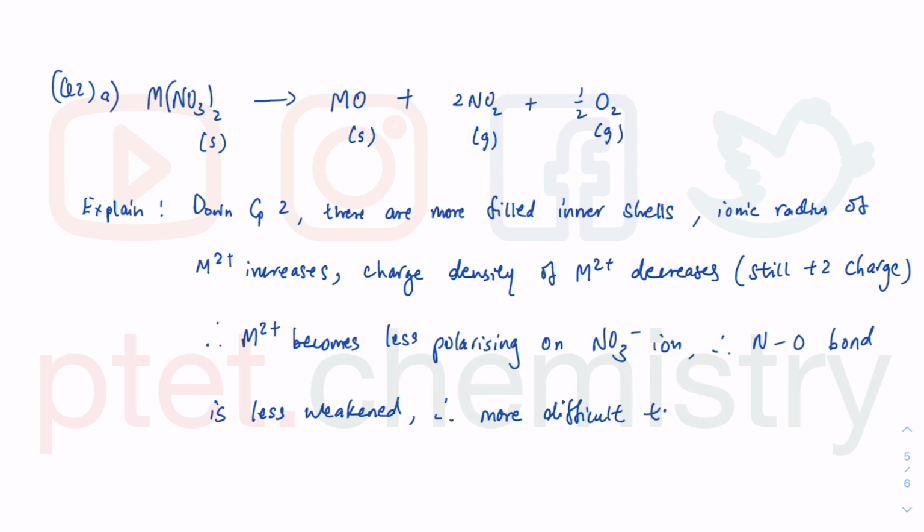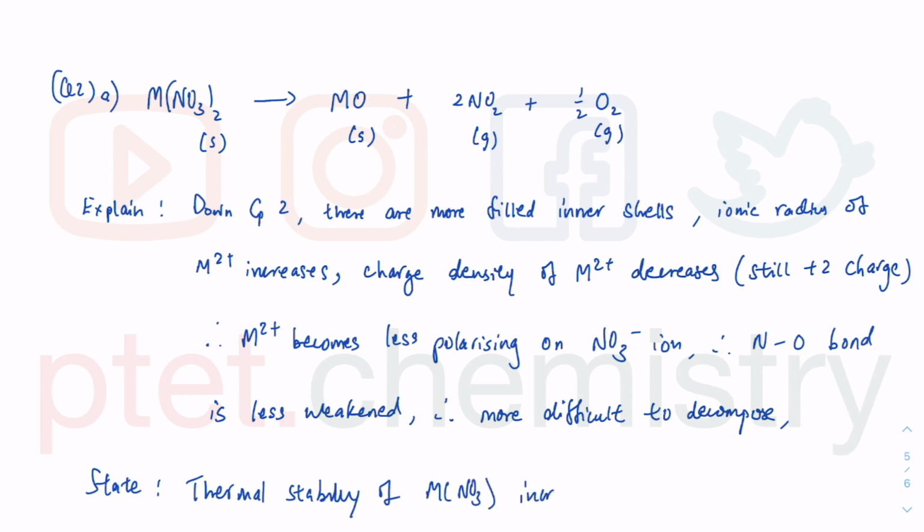And if it is more difficult to decompose, what I can say is it becomes more stable to heat. So the thermal stability of the group 2 nitrates would increase. They become more stable to heat as they are more and more difficult to decompose.